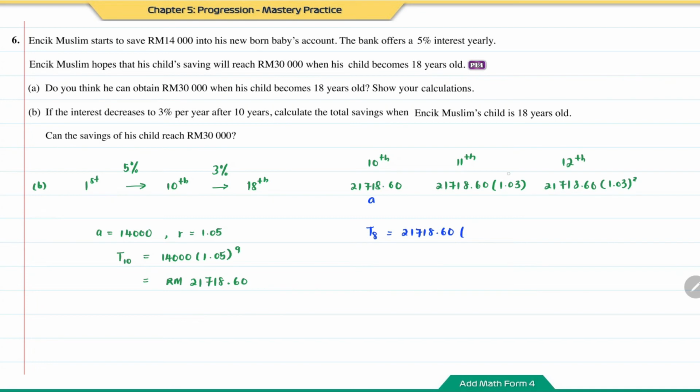Now the R is going to be 1.03. So the n minus 1 will be 7. So calculate this, you're going to get RM 26,711 point 14 cents. So can the saving of the child reach RM 30,000? No, in this case.